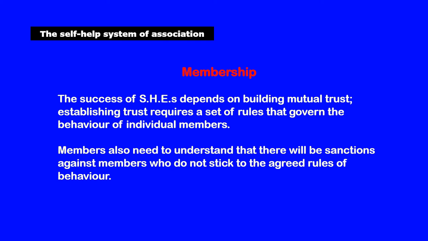Members also need to understand that there will be sanctions against those who do not stick to the agreed rules of behaviour. Simply emphasising the benefits or rights in SHEs is not sufficient. There must be an honest acceptance of the need for members to share the risks and take on their responsibilities. In fact, the rules form a contract between the member and the enterprise.